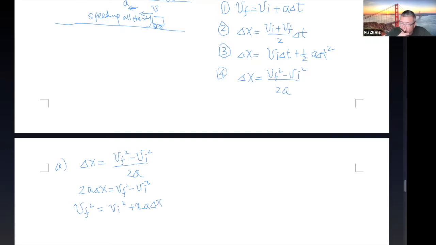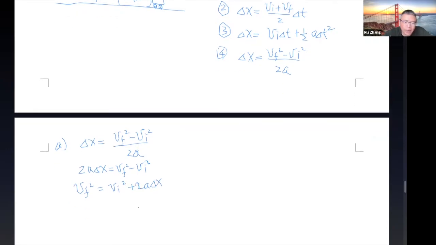If you're given the formula with all symbols, you manipulate it to get the unknown on one side and everything else on the other side. Then VF equals the square root of this whole thing. And then you can plug in numbers right here.